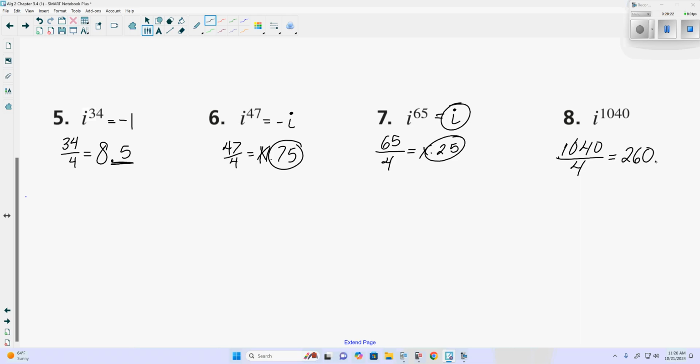Now, it didn't give us a decimal, but it's understood to be 0.00. So this just reduces to i. Oh, 1. Thank you. I don't know why I flipped that, but that should be 1. So it's 1. Questions on this here?